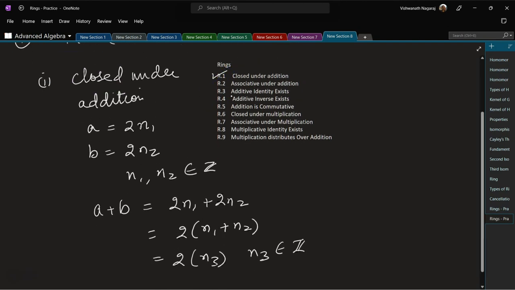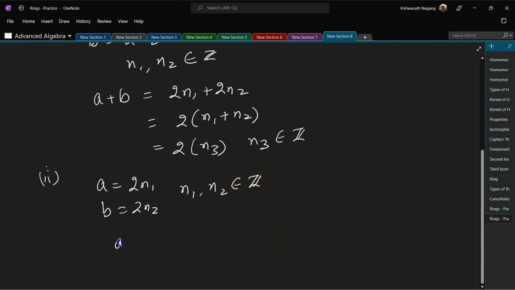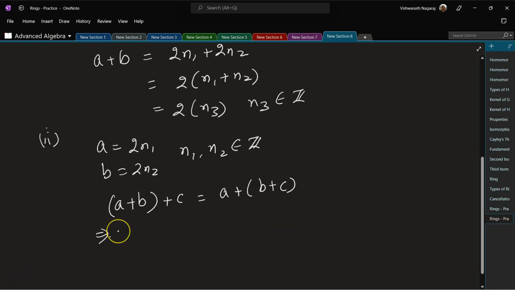Now associative, again we take two elements. A is equal to 2n1, B is equal to 2n2, where n1 and n2 belong to the set of integers. So (A plus B) plus C is equal to A plus (B plus C). We require C also, so let C is equal to 2n3, where n3 belongs to integers.